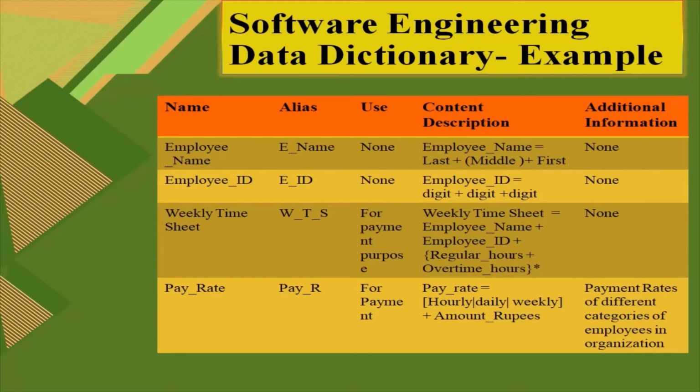And the last row is pay_rate. Pay_rate equal to hourly or daily or weekly. In hourly, daily and weekly, there is use of brackets and single line. It means an or relationship is there, and additional information is shown in the last column of the table.